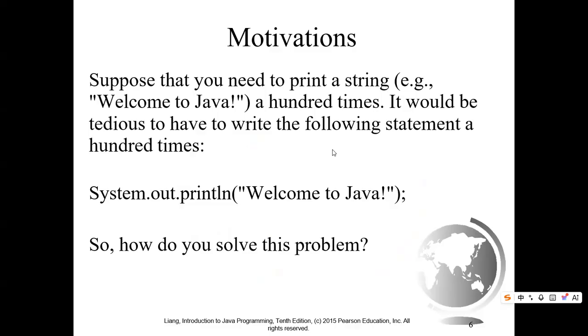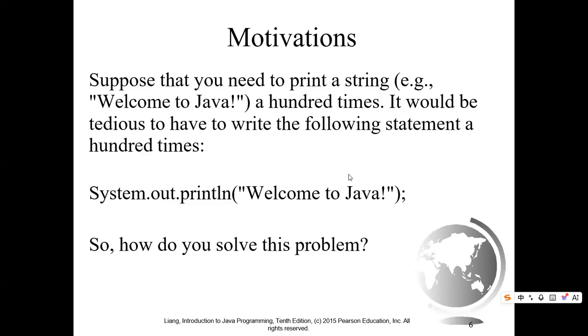So suppose now you are going to print the string "Welcome to Java" 100 times. It would be tedious to write the following statement 100 times. So in this case, we can use a while loop, right? Or an if-else statement, something. Since it's a loop, what we have learned is the while loop.